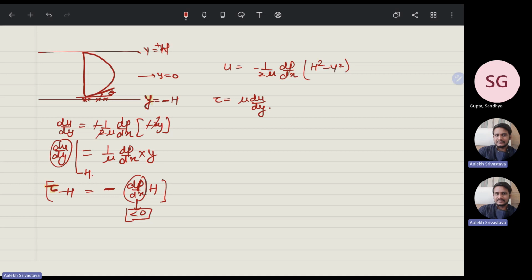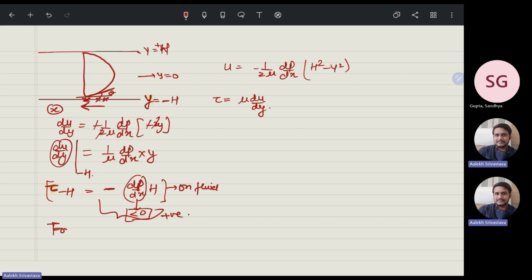What it means is this plate is trying to drag, or this is a shear stress on the fluid. Now this whole term is a positive quantity. From Newton's third law, you need to apply the force in the negative x direction to hold the plate, because the fluid is trying to move the plate.